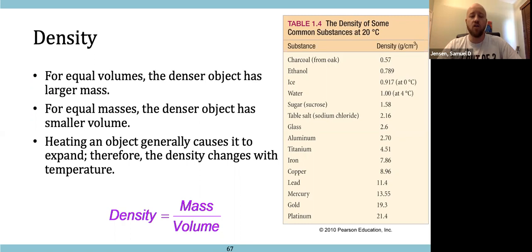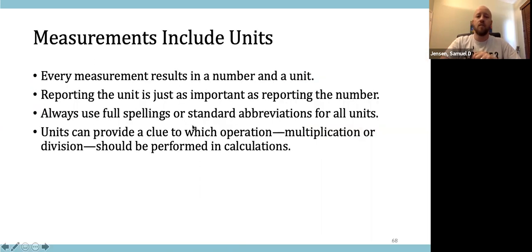So we can't use density on a solution to identify it, because a mixture can have various densities based on how much stuff we dissolve in it.